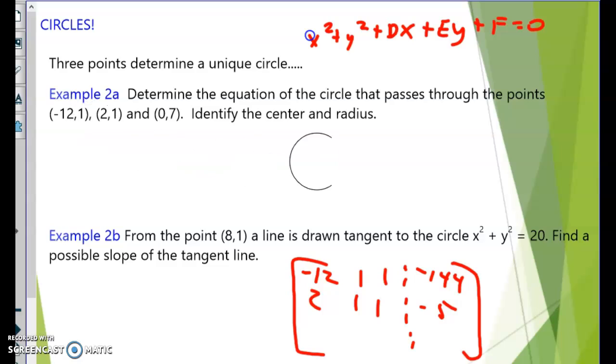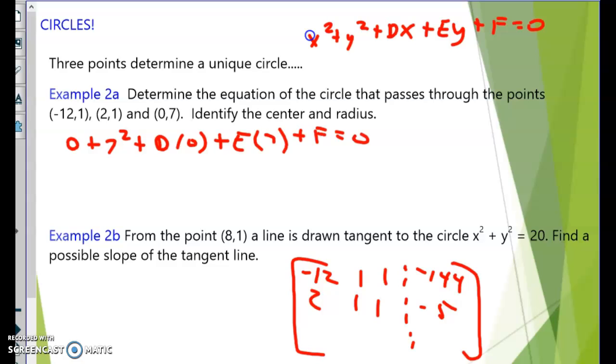And do the same thing with my third point, which would give me a 0 for the x, which is kind of nice. So I'm going to go with 0 plus 7 squared plus d times 0 plus e times 7 plus f equals 0, or 7e plus f equals negative 49, which in my matrices I would have the row that looks like this.